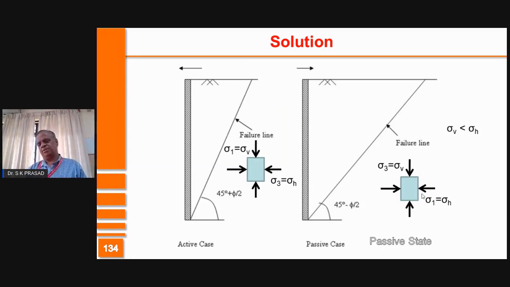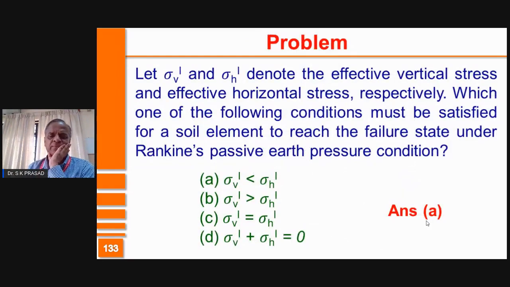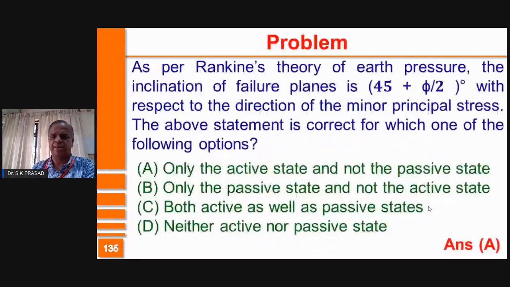So sigma h is much more enormous than sigma v. Therefore, major principal stress is sigma 1 and minor principal stress is sigma v. So the answer is sigma v should be less than sigma h, or sigma v prime should be less than sigma h prime. So the answer to this question is A.